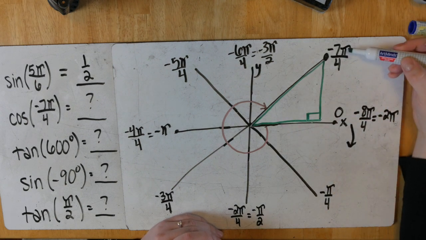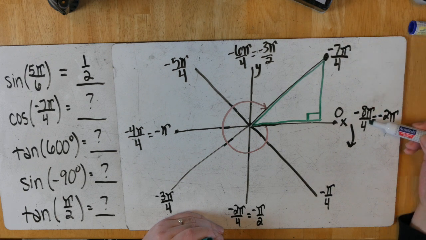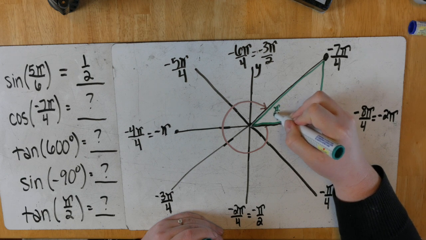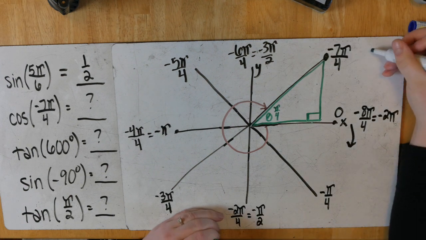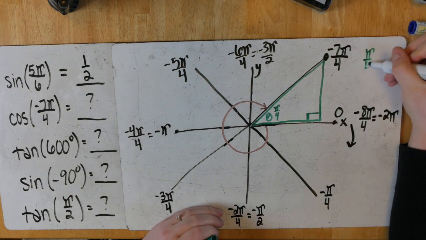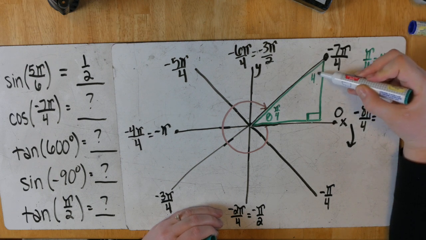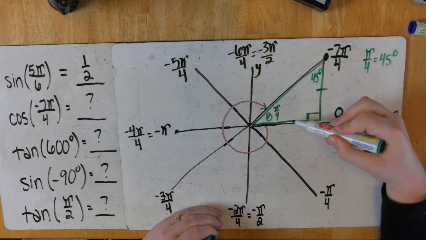So knowing that the difference between negative 7 pi over 4 and negative 8 pi over 4 is a distance of pi over 4, that is our theta angle, because theta is always at the origin. And I know that pi over 4 is equal to 45 degrees, which is why this is a 45, 45, 90 special right triangle, which means it's isosceles.